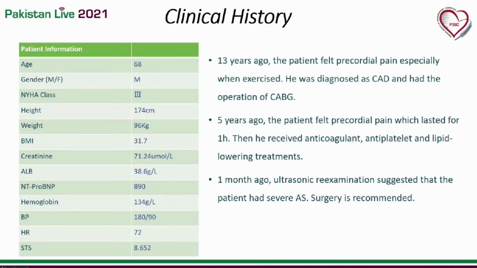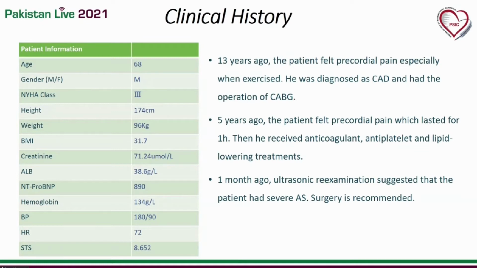About 5 years ago, this patient developed exertional chest pain and exertional dyspnea again. Then he had CAG again, which showed the bypass grafts are severely stenotic, but the patient refused interventional or surgical therapy.